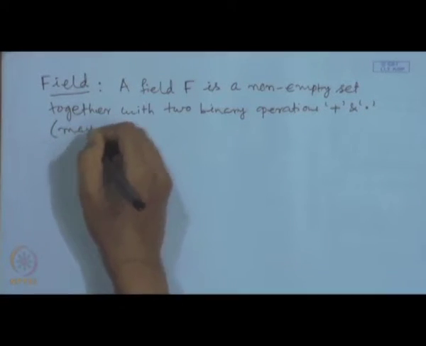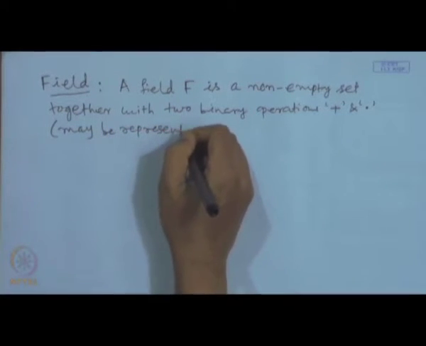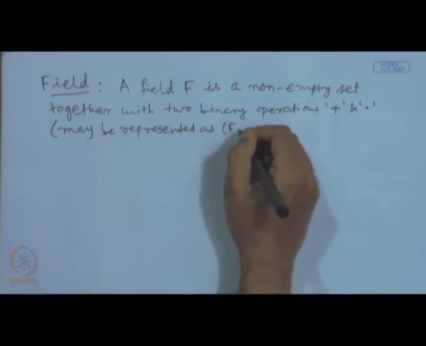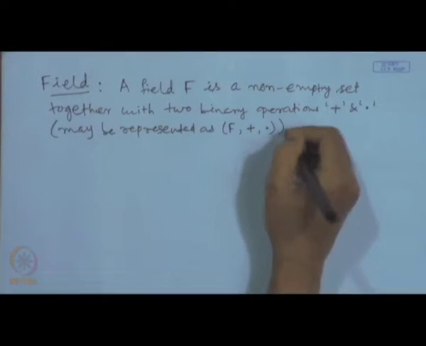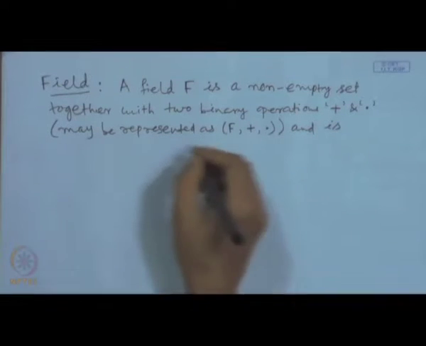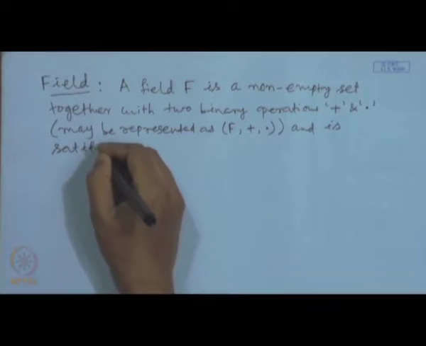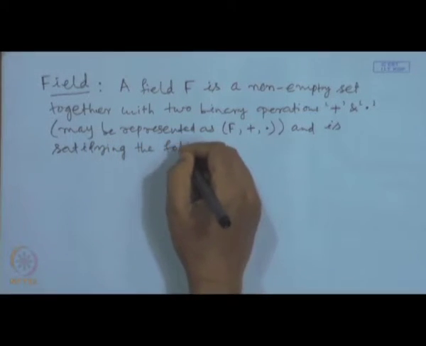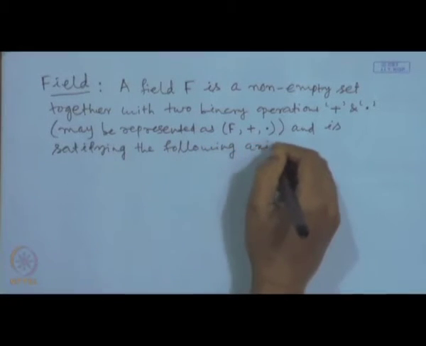This may be represented as a triplet (F, plus, dot) and is satisfying the following conditions or axioms.